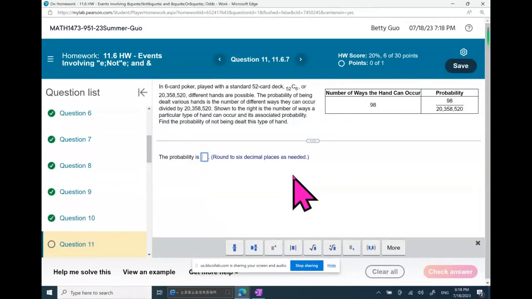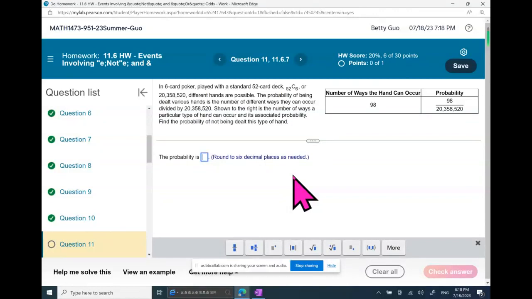Getting a calculator, what I would do is firstly use 1 minus, and I'm going to use a parenthesis. I like to use parentheses. In the parentheses, I enter 98, and then slash means divided by, so divided by 20,358,520.